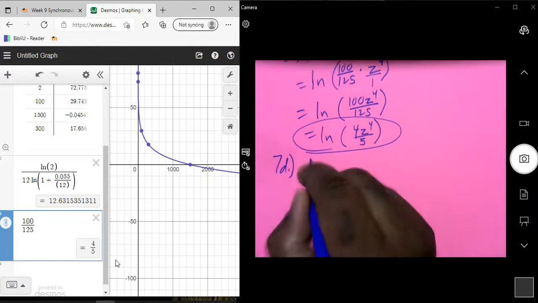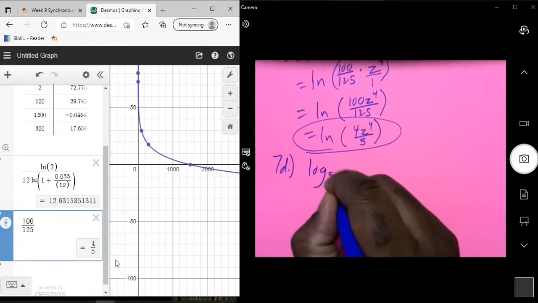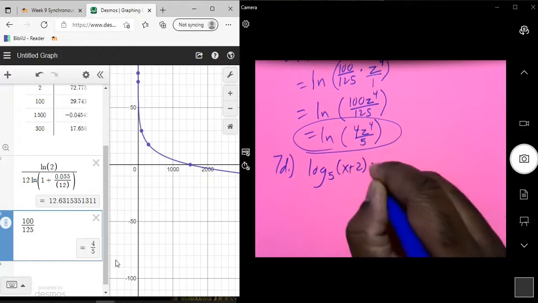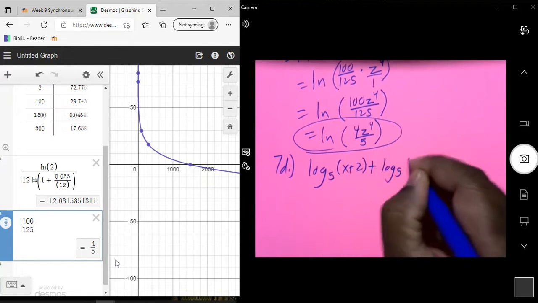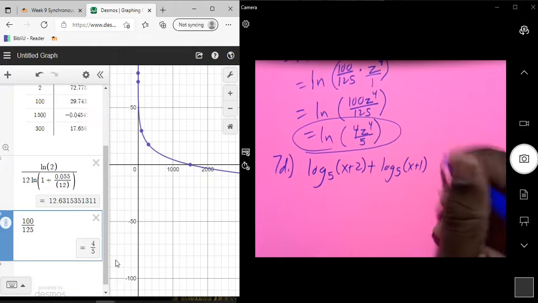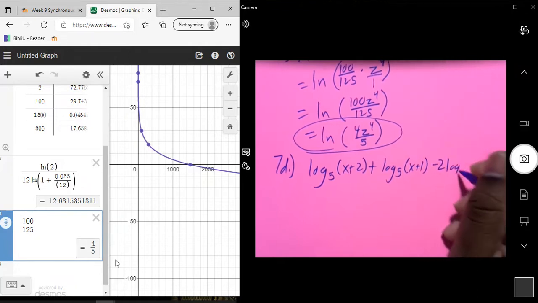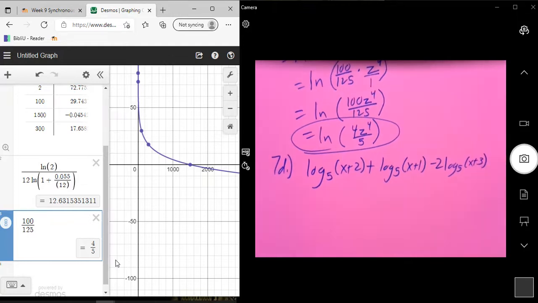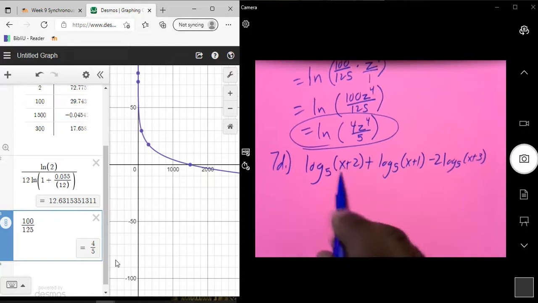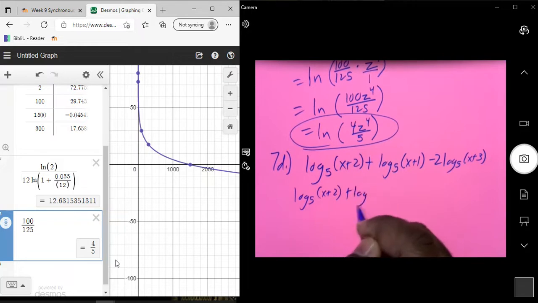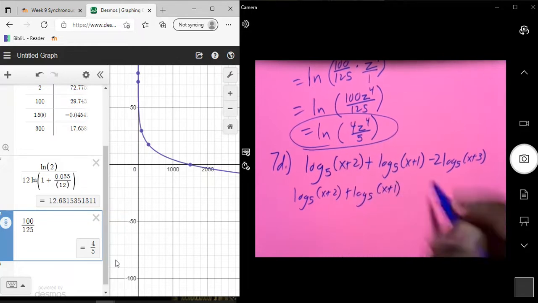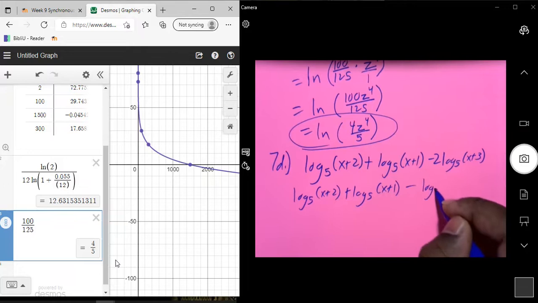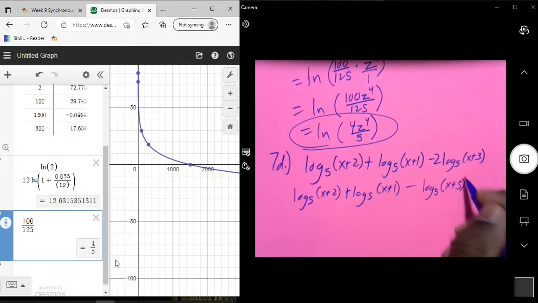7d, we have log base 5 of x plus 2 plus log base 5 of x plus 1 minus 2 log base 5 of x plus 3. All right, that's a lot of log writing there. Okay, so we will have log base 5 of x plus 2 plus log base 5 of x plus 1 minus log base 5 of (x plus 3) squared.